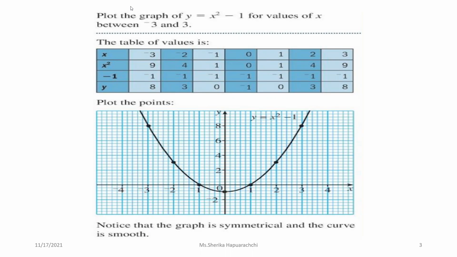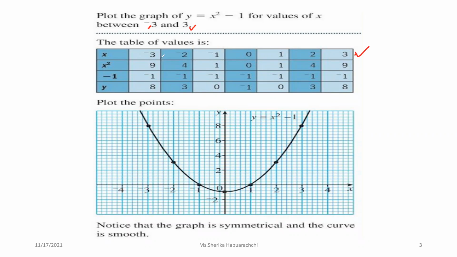According to this, you have to take from -3 to +3. Those are my x values. So first you have to write your x values: -3, -2, -1, 0, 1, 2, 3. This is my first row.